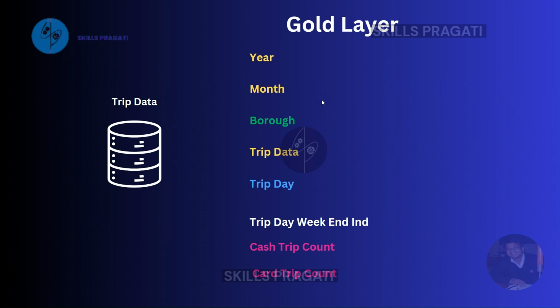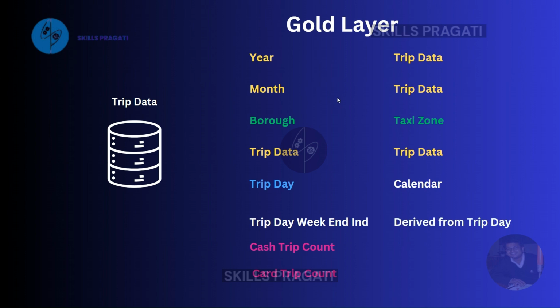The cash trip count and the card trip count will require both the trip data and the payment type. Payment type helps us identify whether the transaction is a card or a cash transaction. We can use it together with the number of trips from our trip data to derive these two data items. So this is the structure of the gold table and the source data used to populate these columns. That's the end of this session. In the next session, we'll take a look at implementing this.